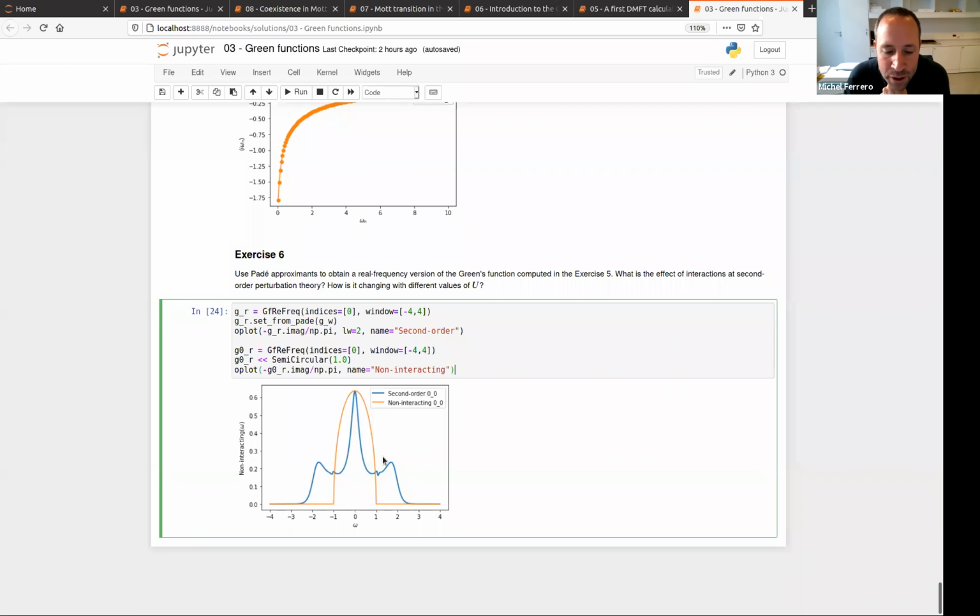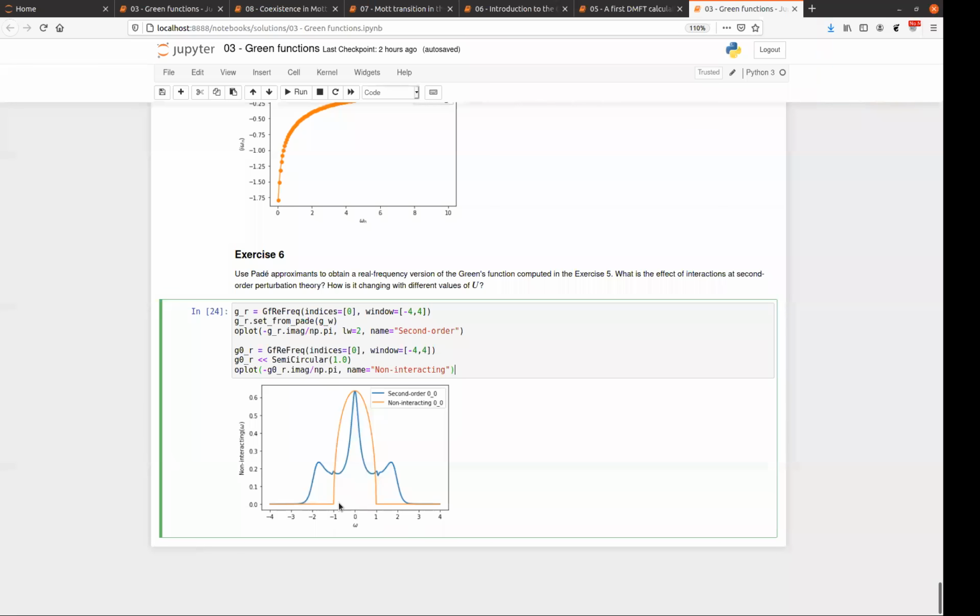Because of that, it propagates a bit of that into the solution. If you had a smooth non-interacting G0 without this kink in its derivative, you would not have this structure; it would be completely smooth. So that's an artifact of the discontinuous derivative of the semicircular spectral function.